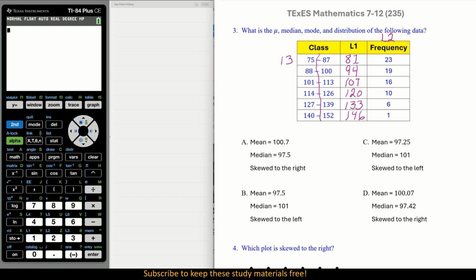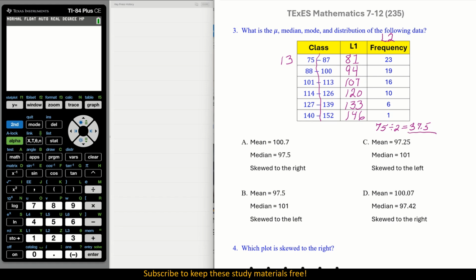Okay. And also we know that our frequency column is a total of 75. Now, if we divide that by 2, remember we're going to need that also, we have 37.5.